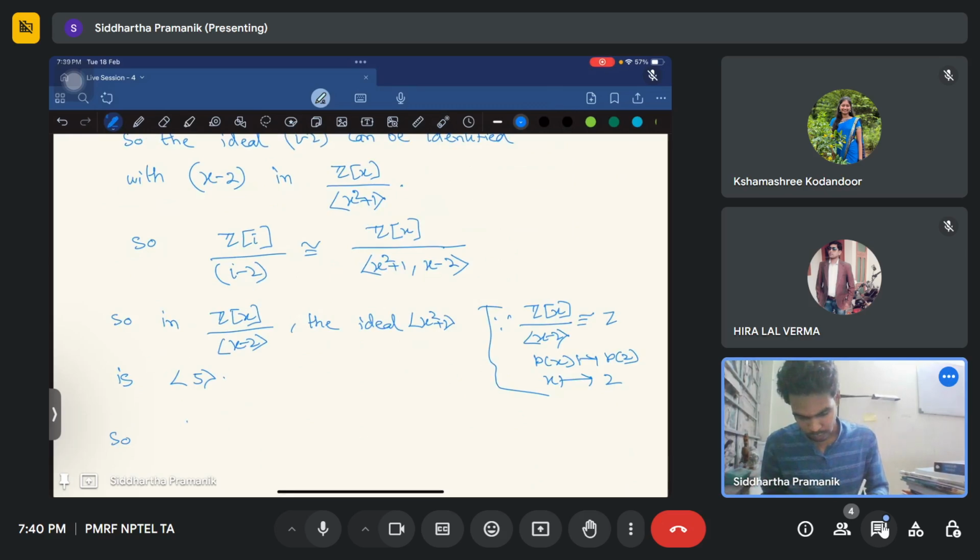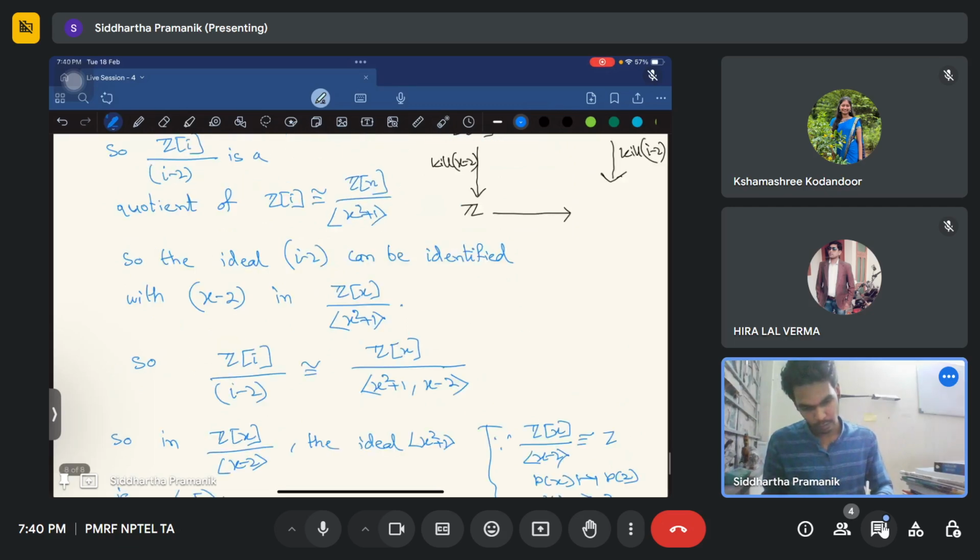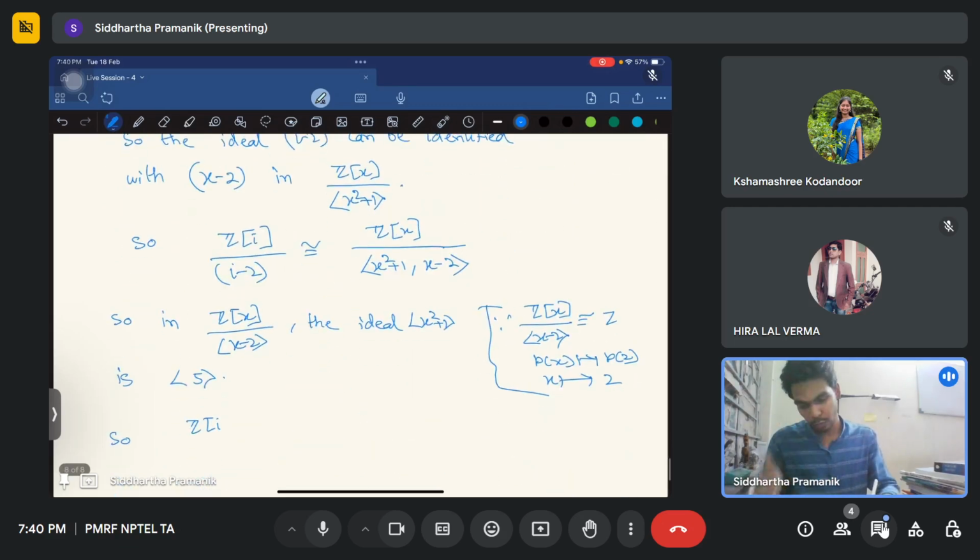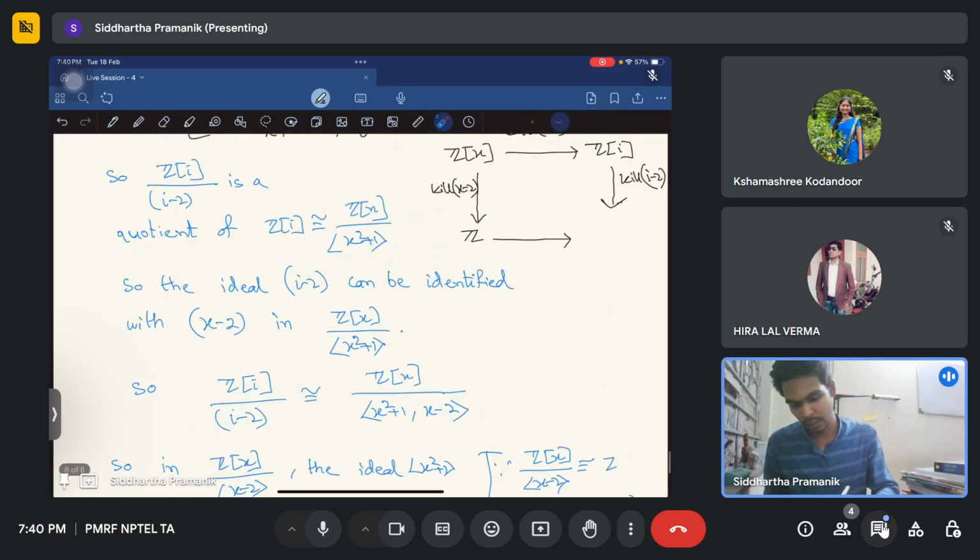So now we need to kill it by 5. So here you just kill 5, means you just go modulo by 5. So that you will get Z mod 5Z.